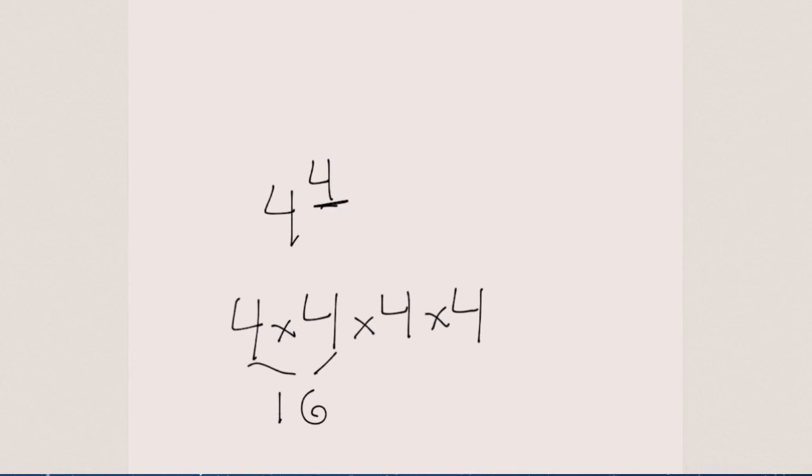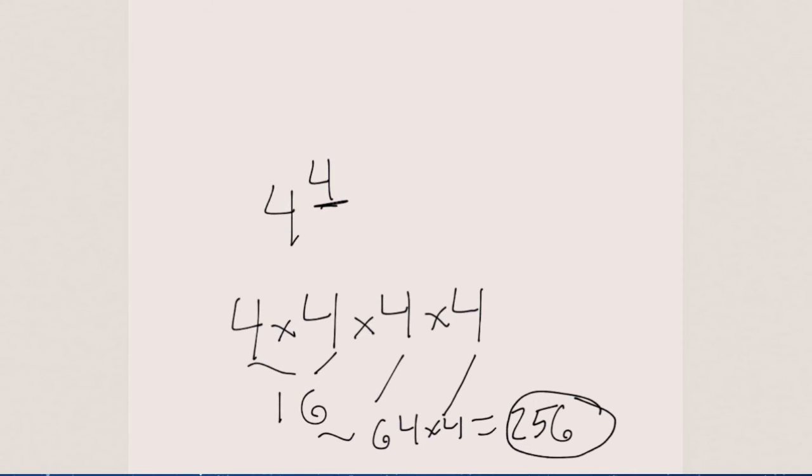Now I do 16 times 4, and that gets me 64. Now, if I times 64 by the last 4, I'll get 256. And that is going to be the value of 4 to the 4th power.